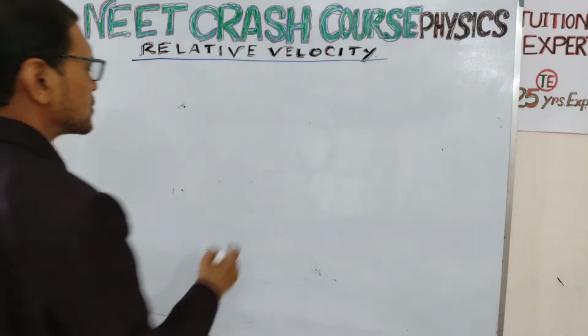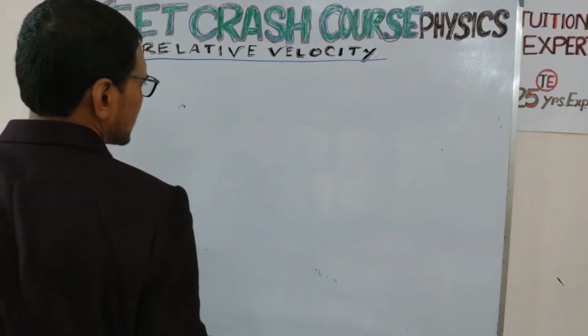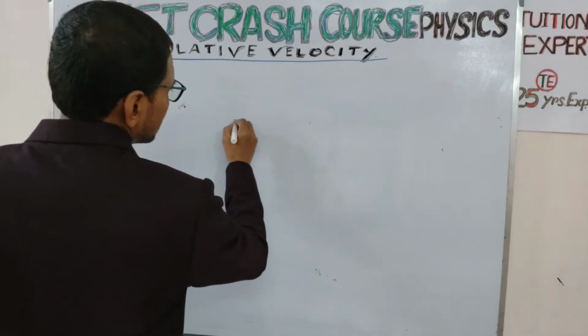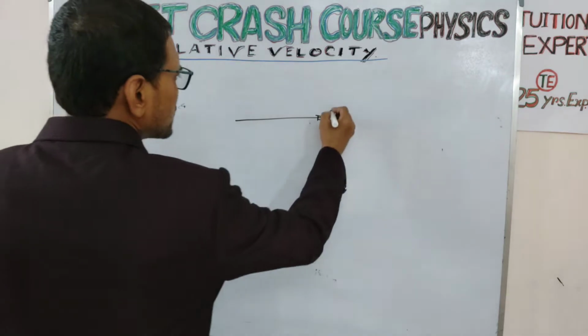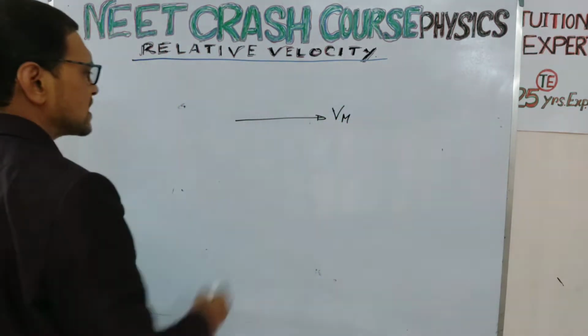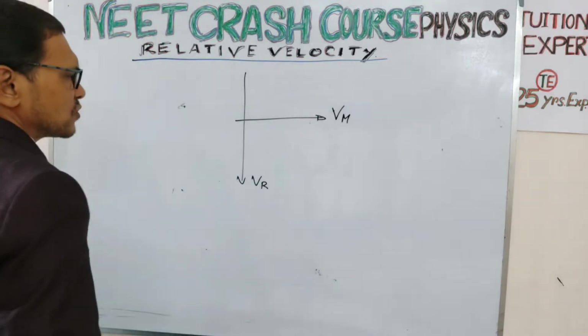Now if two bodies move along perpendicular directions or at different directions, suppose a man moves with velocity Vm along this direction and rain falls vertically downward with velocity VR.